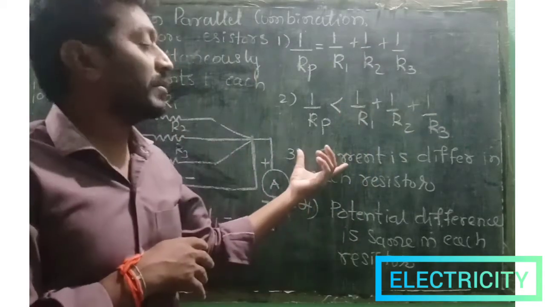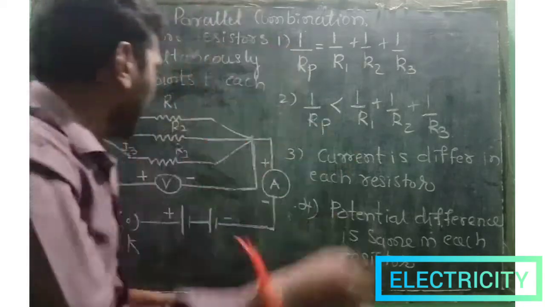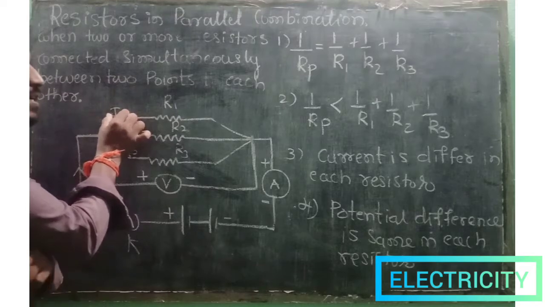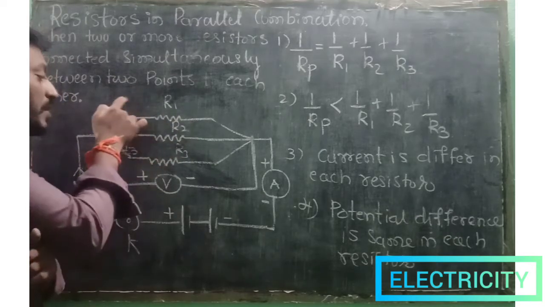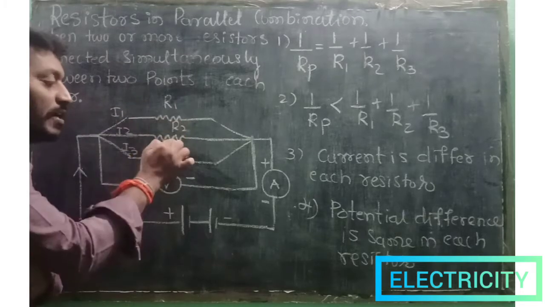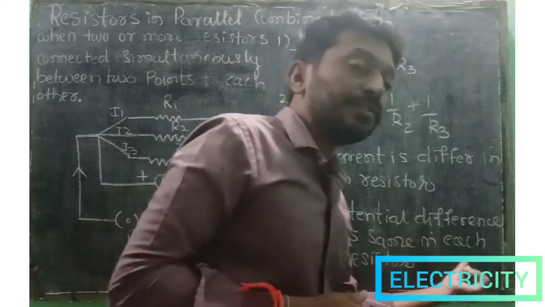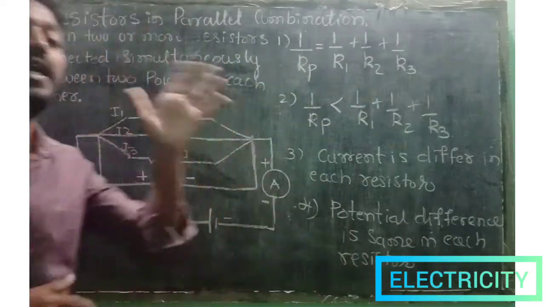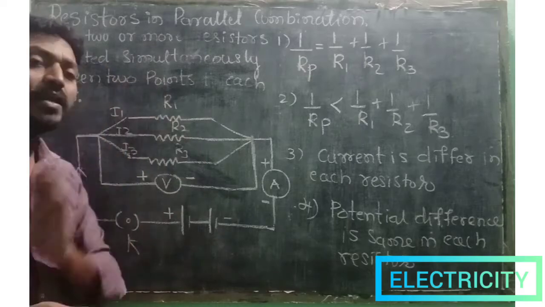The third point: the current is different in each resistor. I1 is different, I2 is different and I3 is different. So the current is different in each resistor in the parallel combination. Lastly, the potential difference is the same across every resistor in the parallel combination.